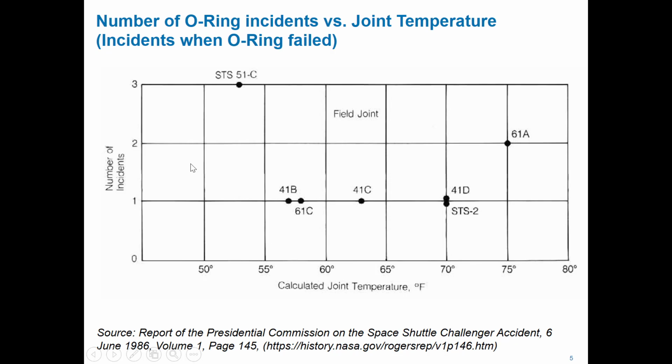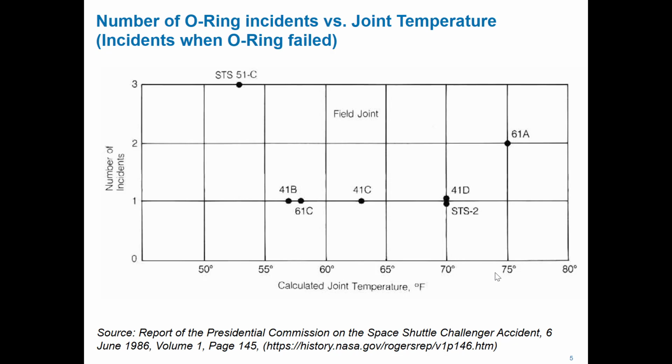This is the plot presented to them. The x-axis is the temperature. The y-axis shows the number of incidents of O-ring problems. From this chart, can you see any patterns?